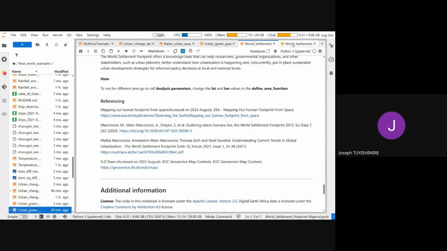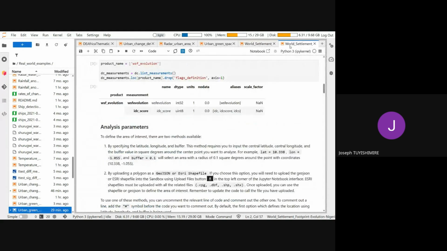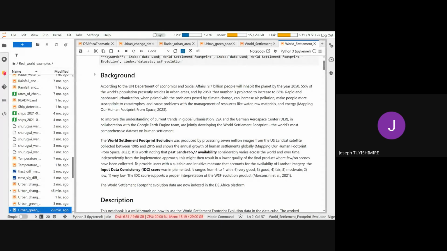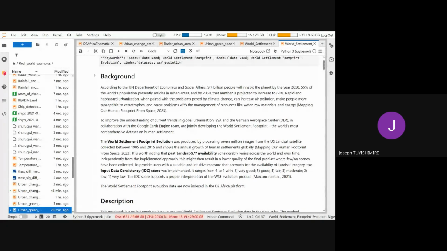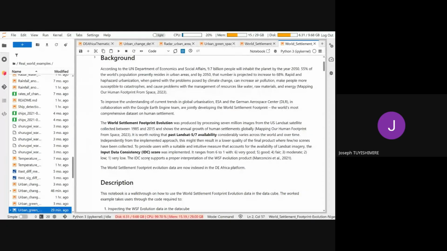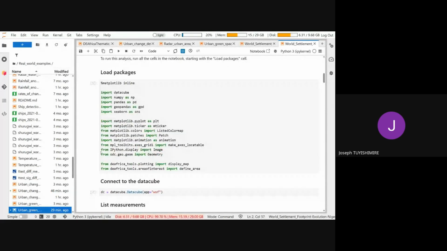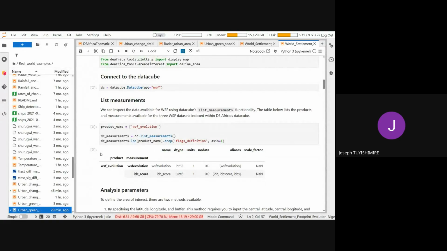But also we can use what is called the World Settlement Footprint Evolution. Also, the data set that combines several data sources could help us to understand the trend of urbanization in a given area.